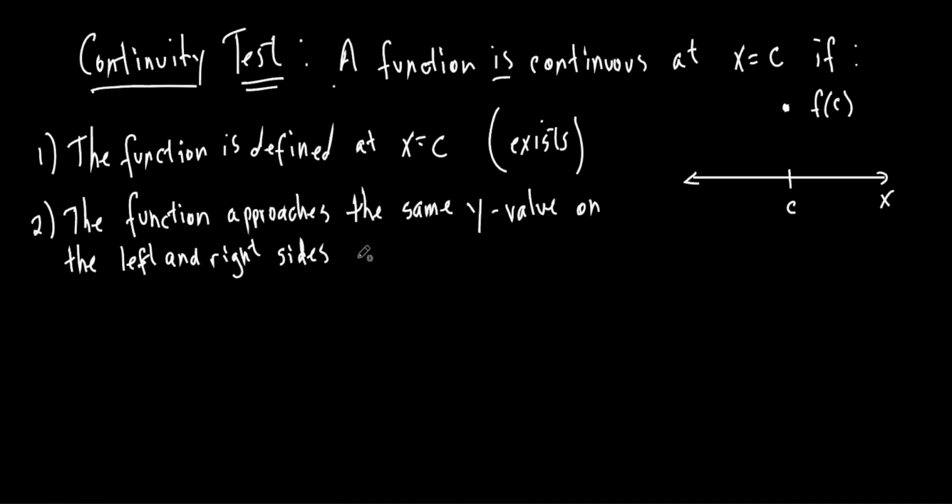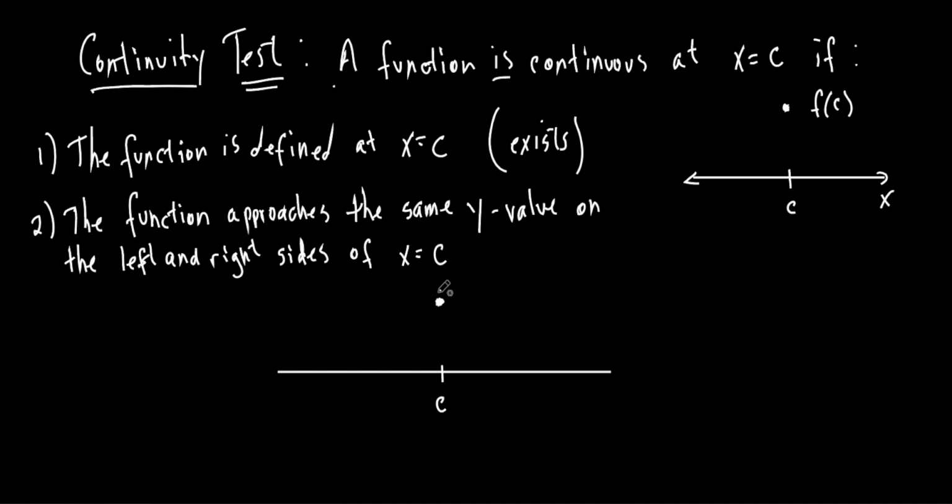Let me do a quick explanation. When we do the actual example, it'll make more sense. Let's say you had point C right there. This is your x-axis. It says the function approaches the same y value. This is your y value right here. This is your function.